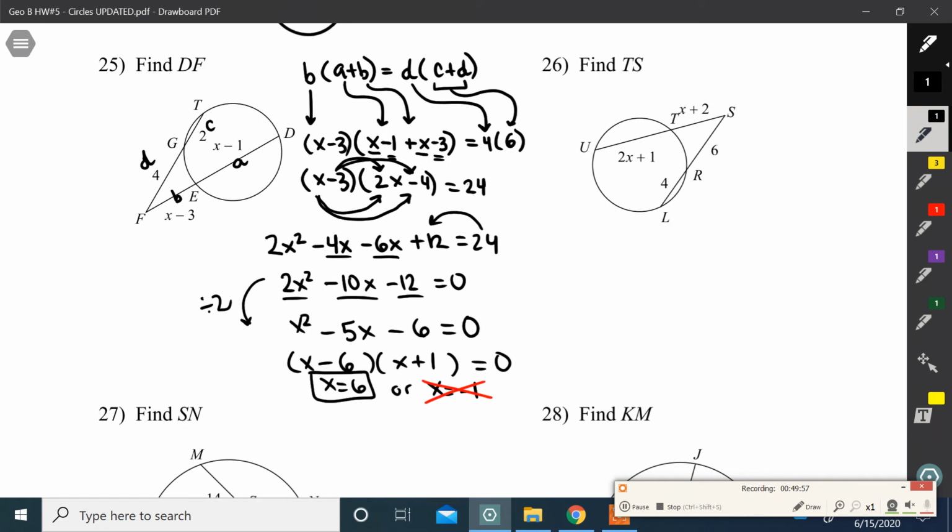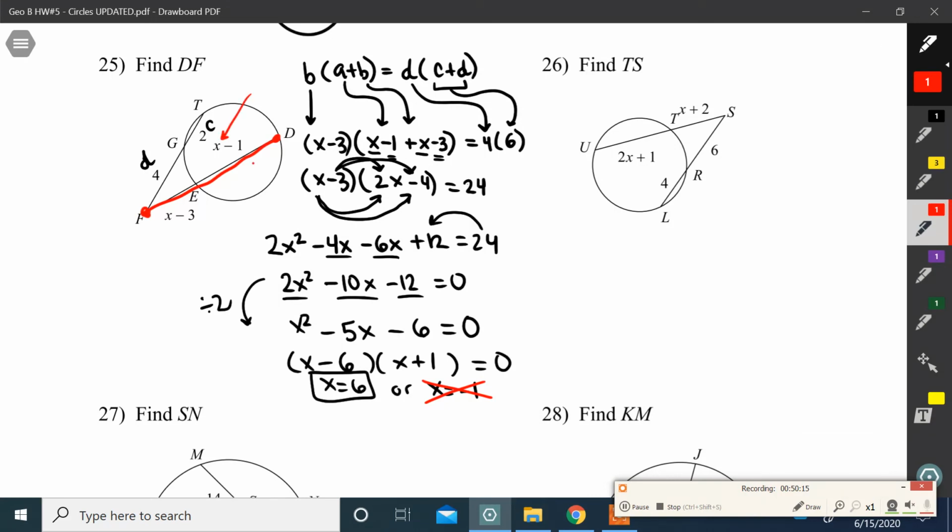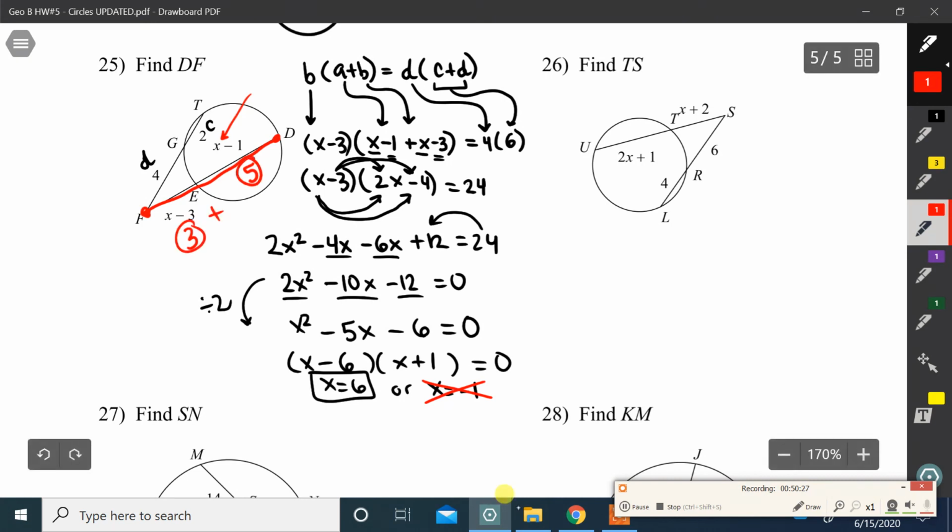Of course, that's not what we're looking for. We're looking for the whole thing from D to F right there, so I have to plug it in. 6 minus 1 will be 5, and then 6 minus 3 will be 3, and 3 plus 5 will be 8 as your final answer.